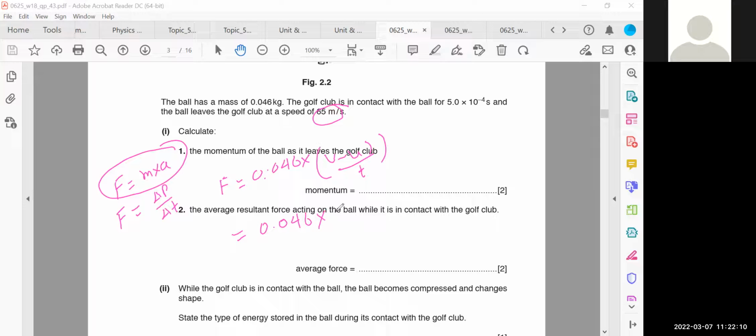The object was at rest and moves when hit by the golf club, and then with the velocity 65 I can put here. And what is the time taken here? This is given in the question, 5.0 times 10 to the power minus 4, and you have to do this calculation in the calculator. Please do and tell me the answer.